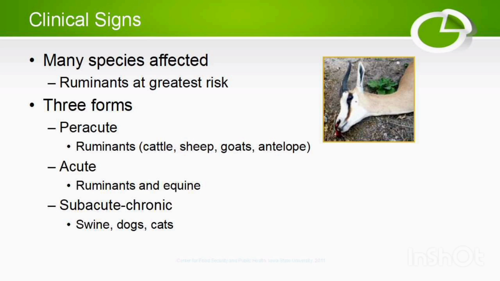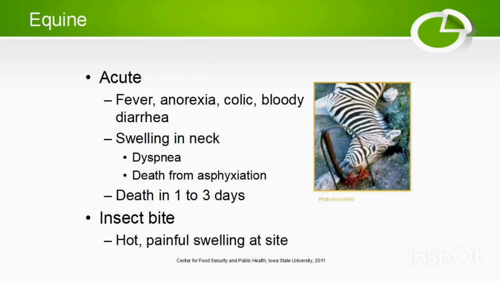The subacute or chronic form most often affects swine, dogs, and cats. The incubation period varies from 1 to 20 days. In herbivores, the infections become apparent after 3 to 7 days, while in pigs, it usually takes 1 to 2 weeks.